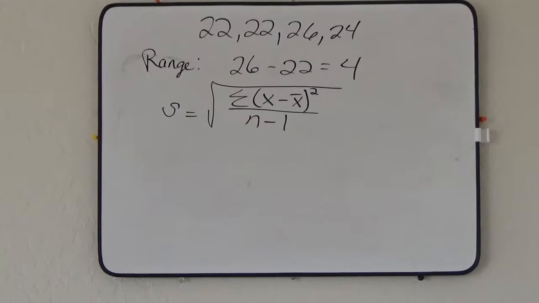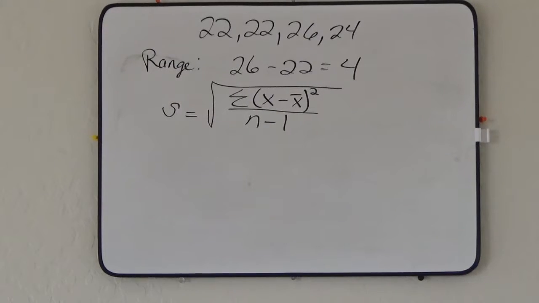So if you have a number that's really, really big, it's going to increase the value of your standard deviation. The units for S, or standard deviation, is the same as the original units. So if it was in feet originally, the standard deviation will be in feet. Okay, so standard deviation really is the best measure for variance that we have.